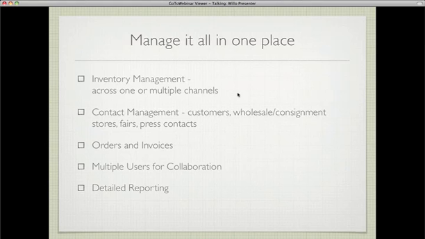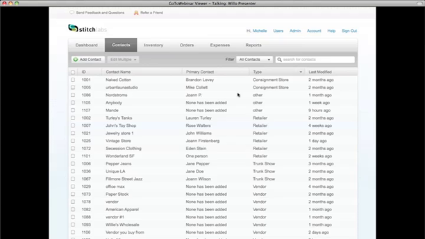But coming back to the contacts, this is a screenshot of what this looks like on the admin side of Stitch Labs. You can have all your contacts in here, and you can assign them a certain type. So you'll see in this one column, there's consignment store, retailer, trunk show, vendor. And then additionally, you can even tag them.